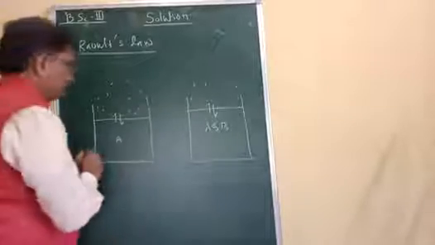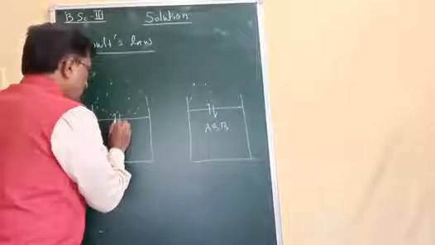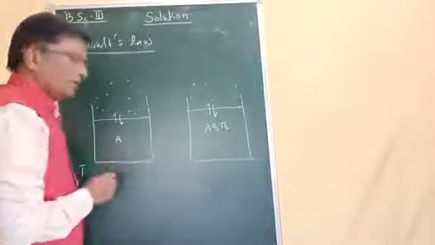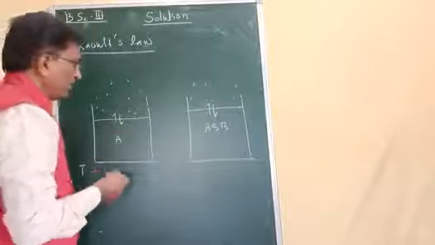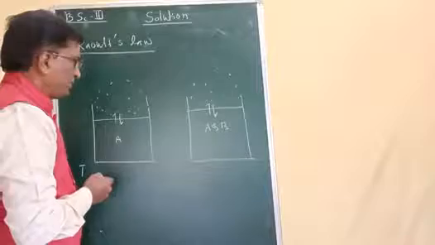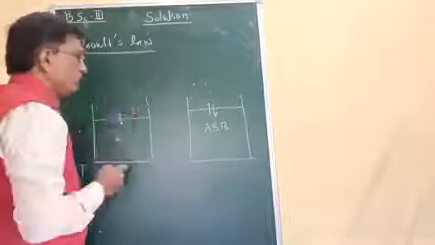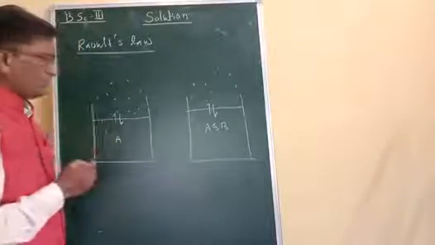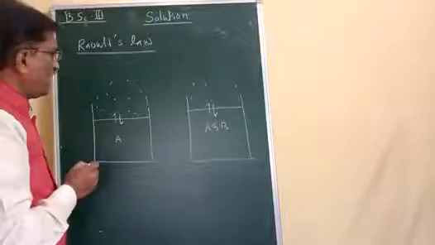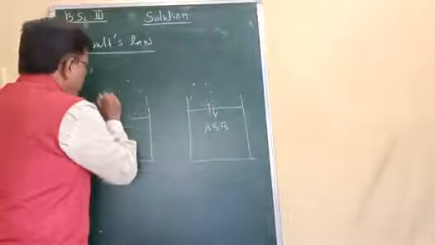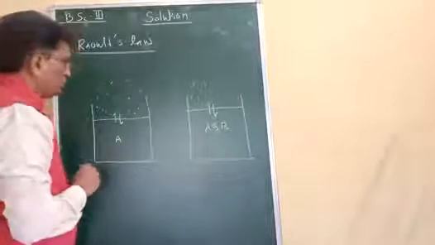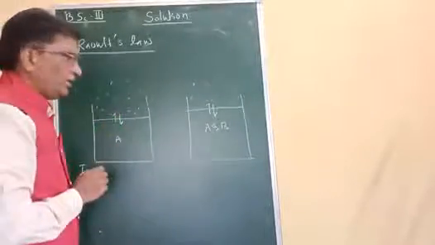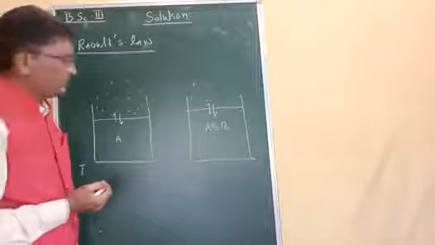Now at any temperature the forward process takes place, that means the molecules in the liquid have a tendency to escape from that state and go to the vapor state, and initially the rate of the forward process, that means the evaporation process, is high, and afterwards the vapor molecules which are present in the vapor phase condense and drop down in the liquid, and the reverse process is favored.